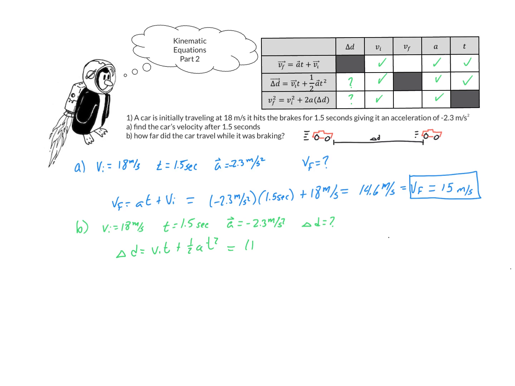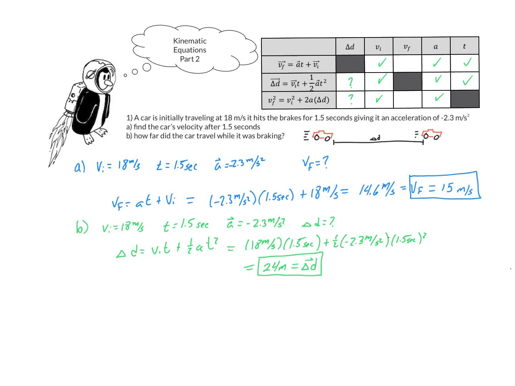So I have 18 meters per second times 1.5 seconds. I'm going to add to that 1/2 of my acceleration, negative 2.3 meters per second squared, times 1.5 seconds, all squared. If you calculate all this, you'll find that our car traveled 24 meters while it was braking.